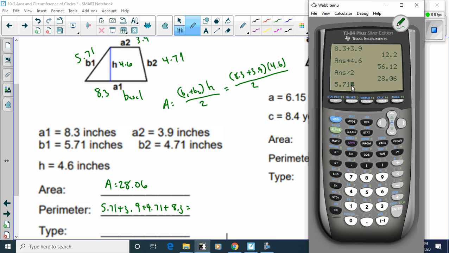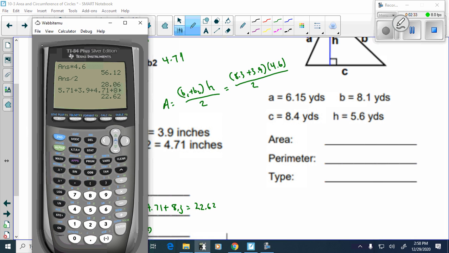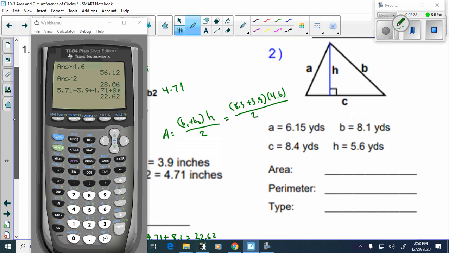So it's 22.62. And this, of course, is a trapezoid. It's not an isosceles trapezoid because my two legs are not the same. They're different there.